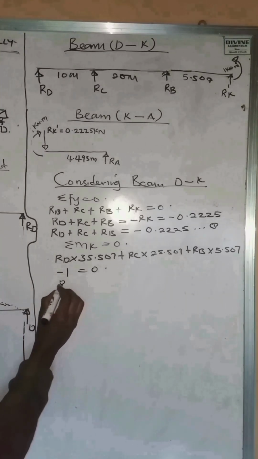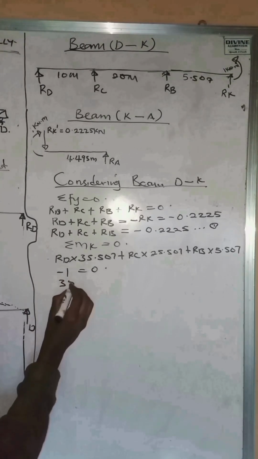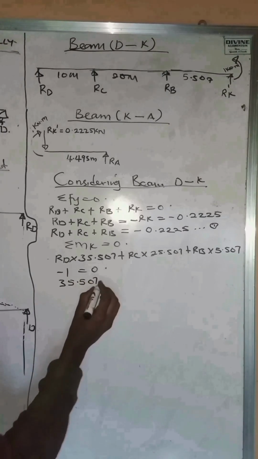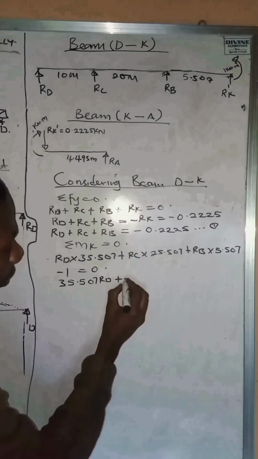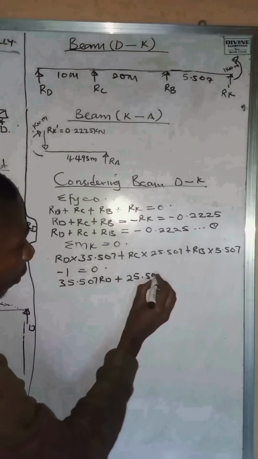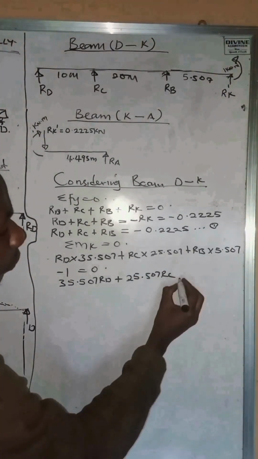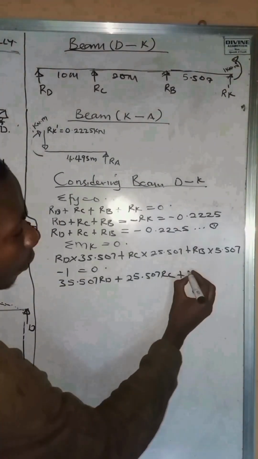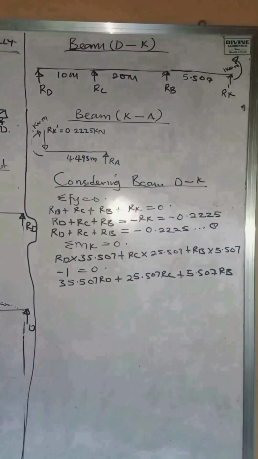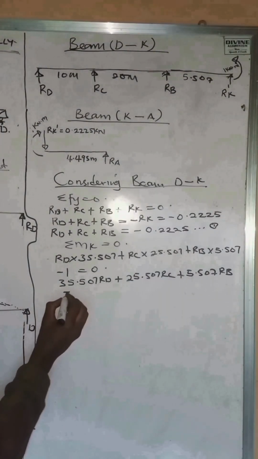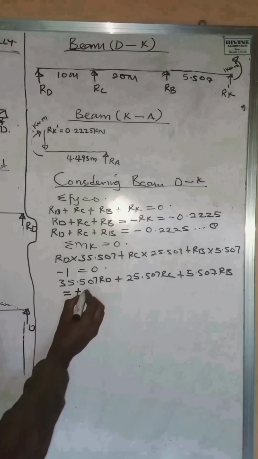If we do the second equation, we're going to have 35.507 RD plus 25.507 RC plus 5.507 RB all equal to 1.